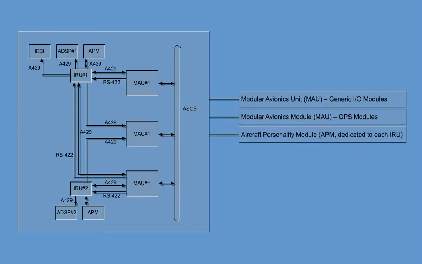Aircraft Personality Module, APM, dedicated to each IRU, to read and write stored data, serial number, alignment, and performance parameters, etc. Air Data Computer, ADC. Information such as altitude, altitude rate, and true airspeed are received in order to correct output to other avionics systems.